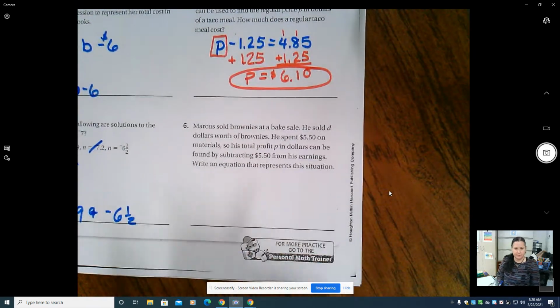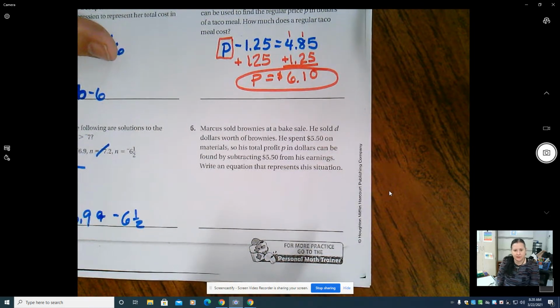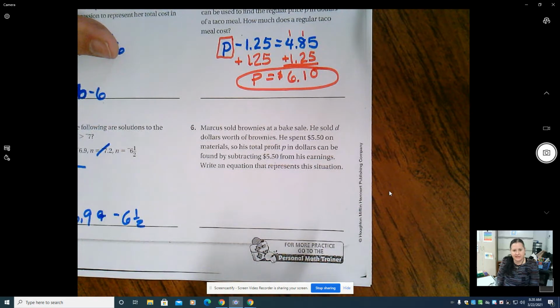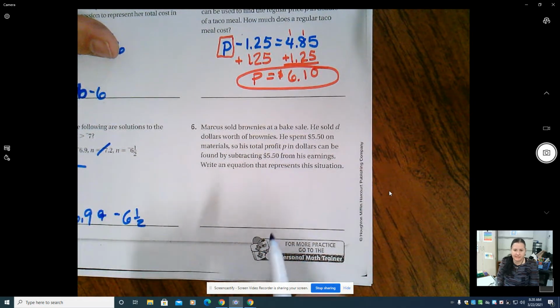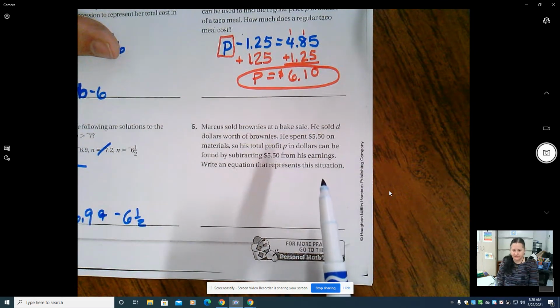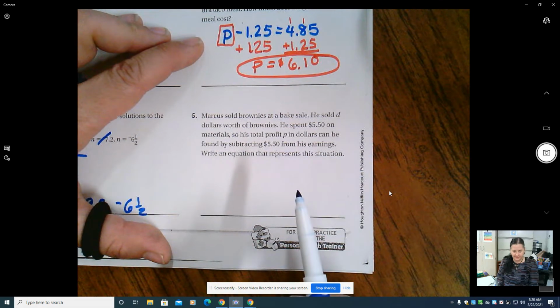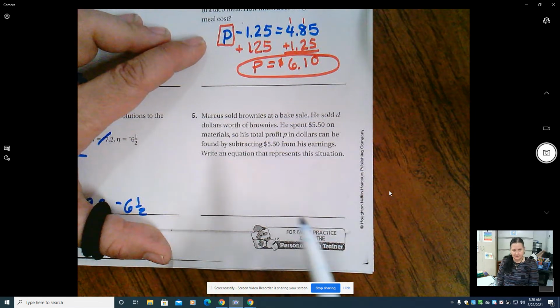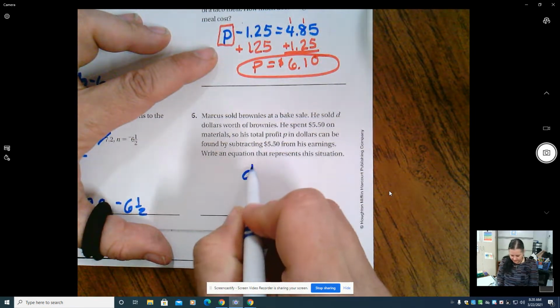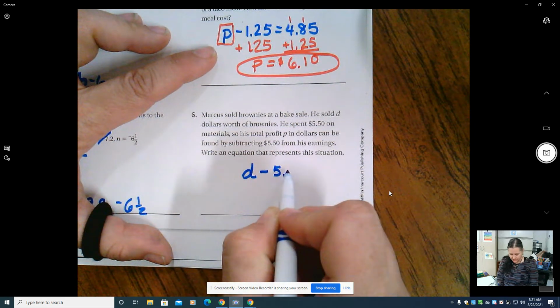Okay. Marcus sold brownies at a bake sale. He sold $D worth of brownies. He spent $5.50 on materials, so his total profit P in dollars can be found by subtracting $5.50 from his earnings. Write an equation that represents the situation. So we want to know what his profit is, if he sold $D worth of brownies and he spent $5.50 on materials. So he sold this much, but he spent this much.